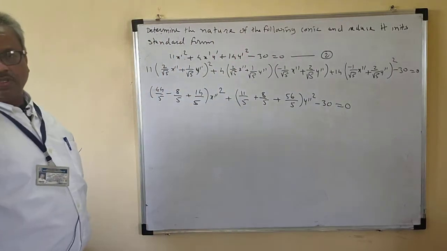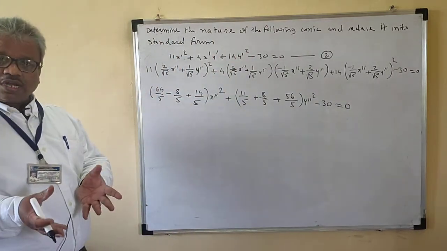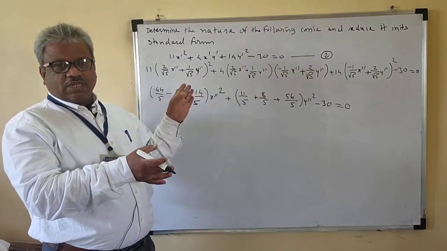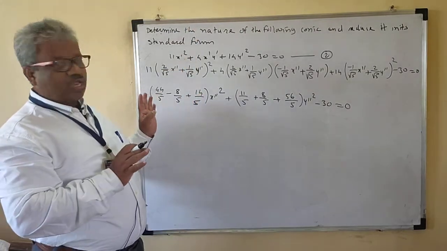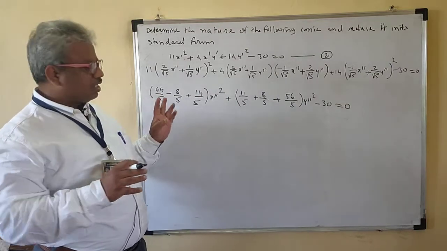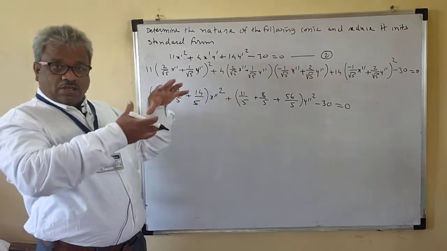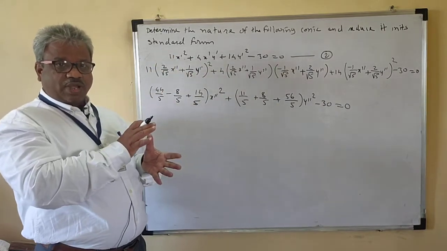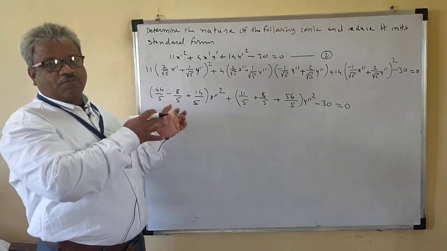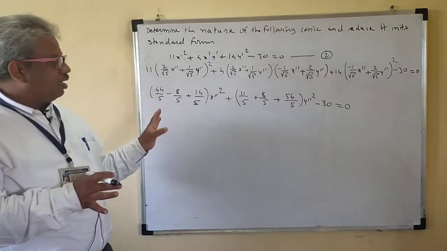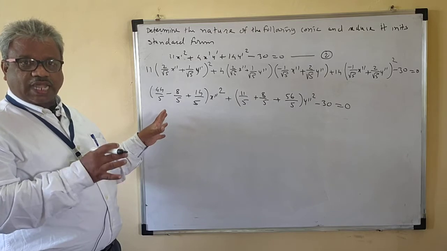Just to add, right. So if you got a correct center, it is very easy now. You shift the center to the origin, just remove the first degree term, and you have to change the constant only. Here you have rotated the frame through an angle theta. So it is the crucial part to find the value of sin theta and cos theta with the help of that quadratic equation in tan theta.